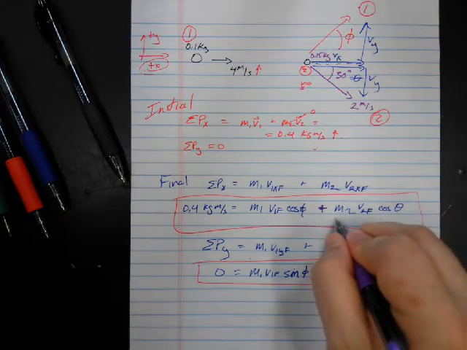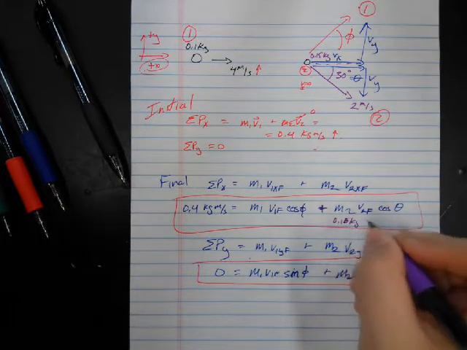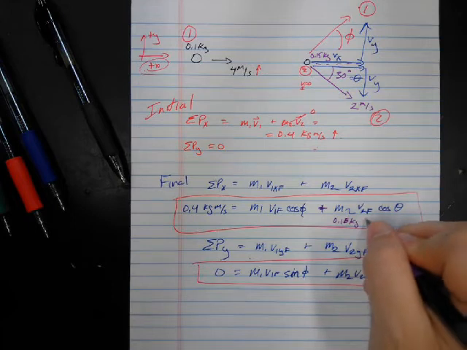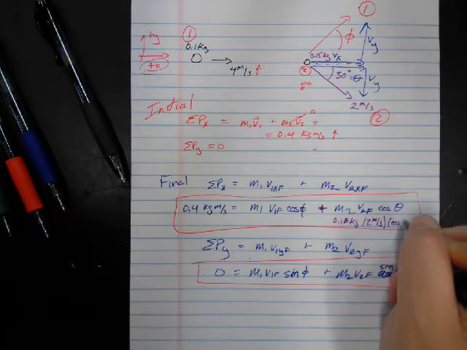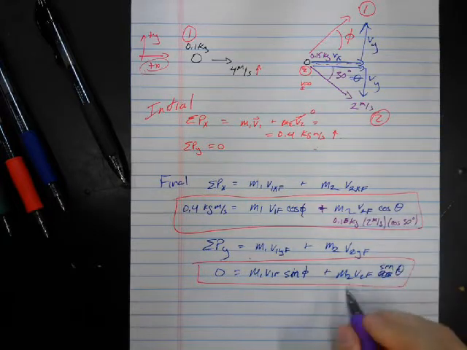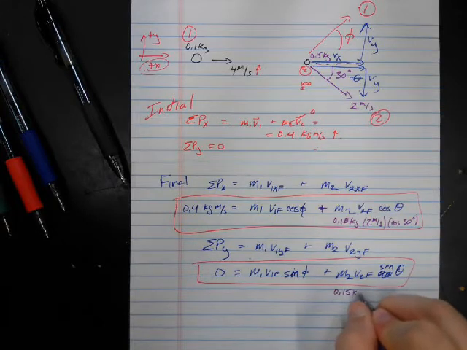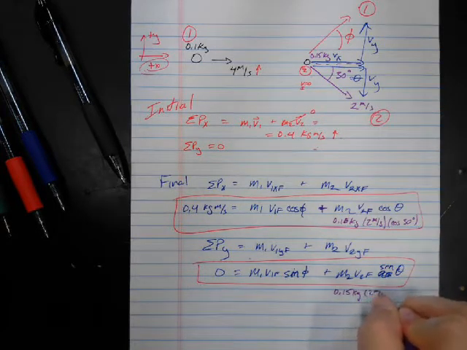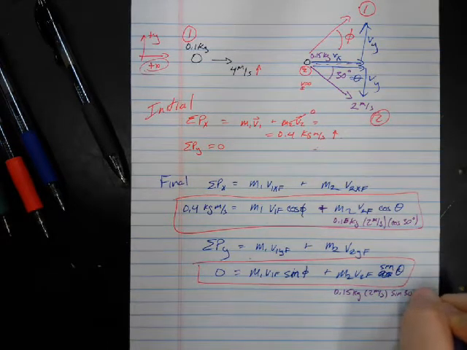It'll be 0.15 kilograms times 2 meters per second times cosine 30 degrees. And this one will be 0.15 kilograms times 2 meters per second times sine of 30 degrees.